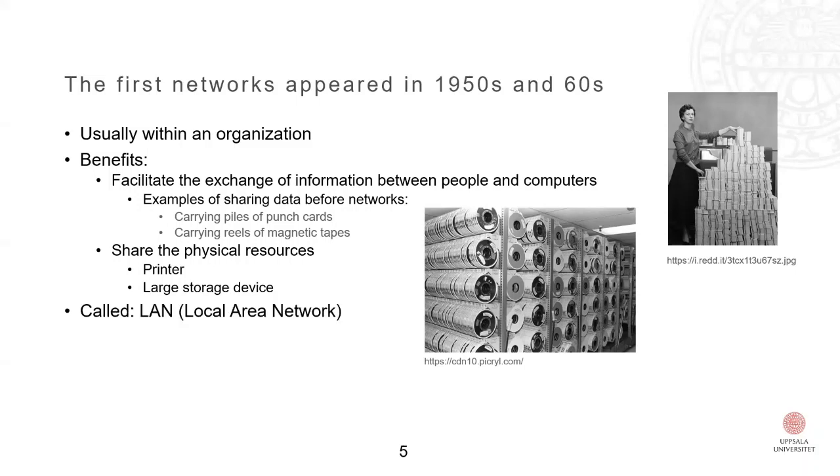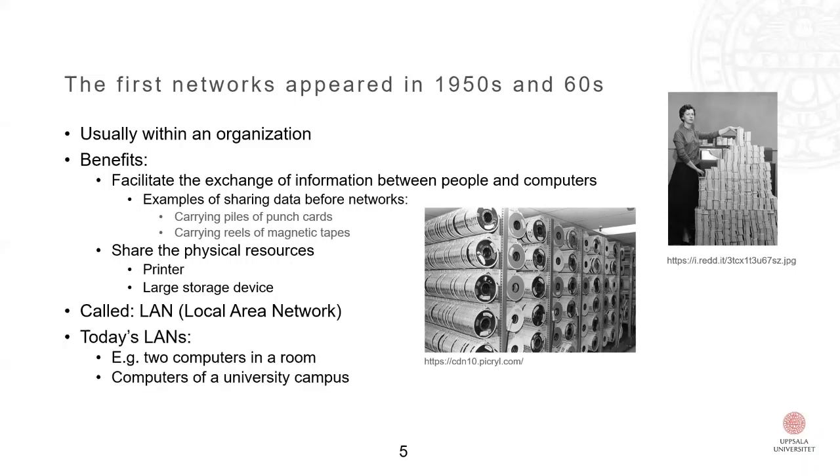These small networks inside organizations were called local area networks, or LAN. We are even using this term nowadays for small networks, the very primary networks, for example inside our homes, that consist of our TV, our computers and mobile phones that are just connected to the network in our home, or our LAN.